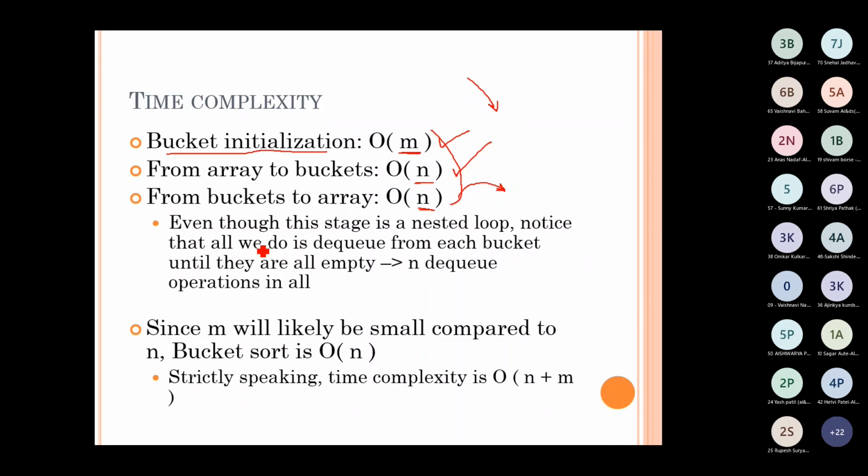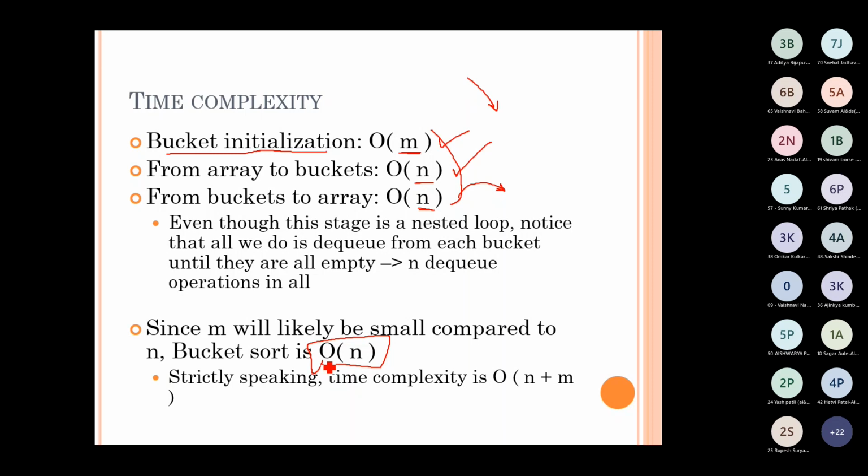Since m is the number of buckets, suppose we have 1000 or 10,000 data items, the number of buckets will comparatively be very much less than n. So this number is comparatively so small that we can ignore it. In general we can say that the complexity of bucket sort is order of n.